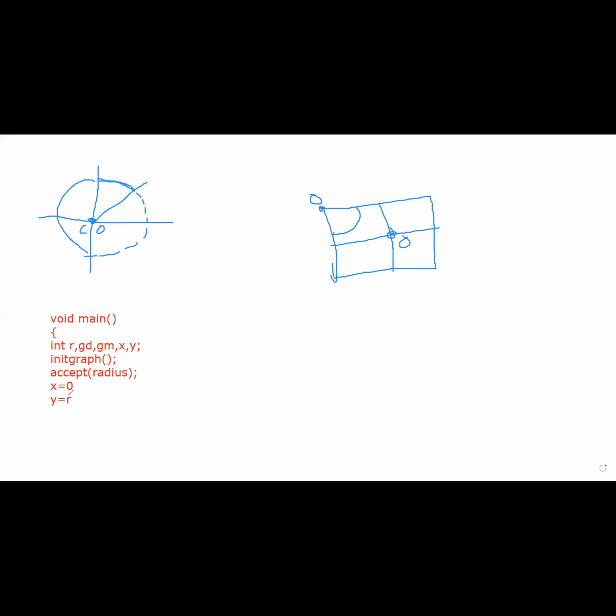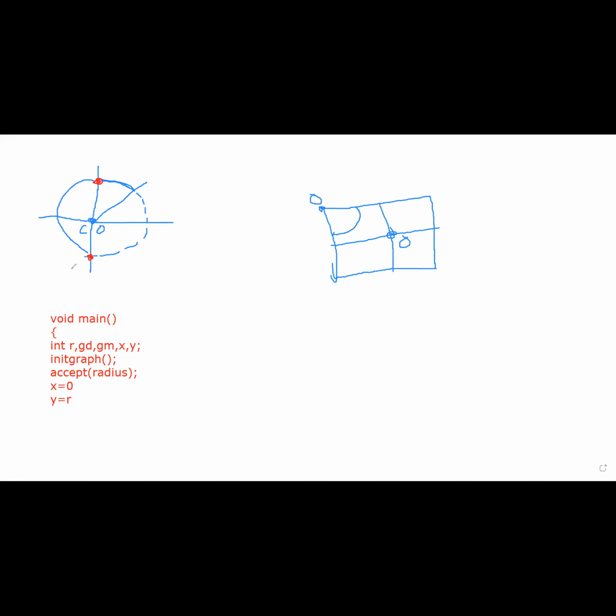So currently with 0 comma r, I get this point. Now if I change the sign, 0 comma minus r, its reflection gives me this particular point.